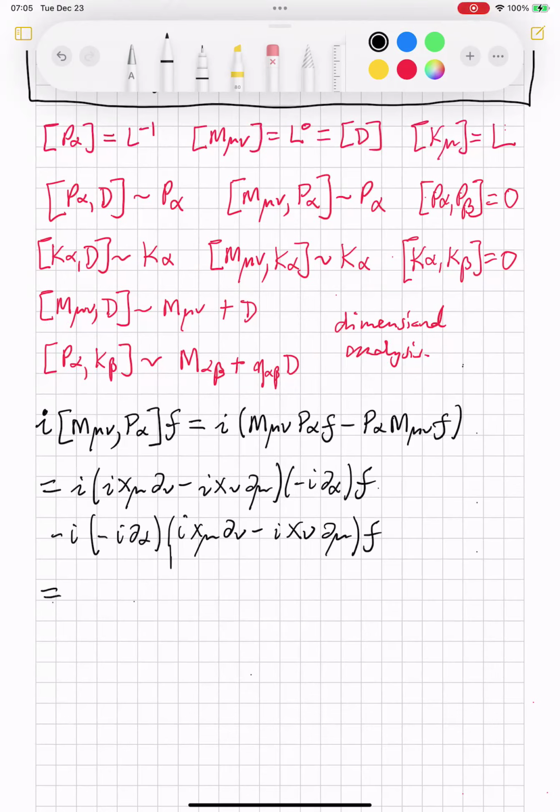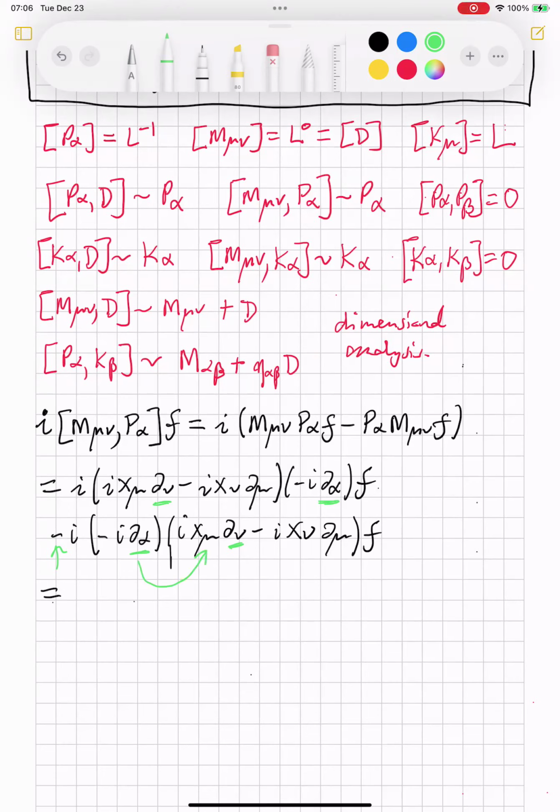Now, I want you to notice something. There are some terms where there are two derivatives of f. So from this first bracket over here, let's look at this d nu and this d alpha acting on the f. That'll cancel when this d alpha and the d nu act on the f on the second line. And they cancel because of that extra minus sign. But one thing that can happen on the second line that can't happen on the first line is that this d alpha can hit that x mu.